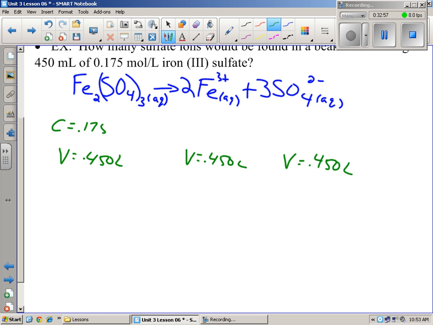They're telling me that this initially is 0.175 moles per liter of iron 3 sulfate. So we need to put it as iron 3 sulfate. If they would have said iron 3 plus ions, that's different. If they would have said sulfate ions, that's different, okay? We need to put it there.